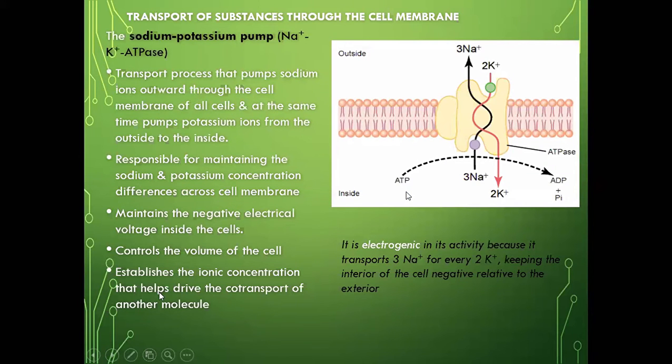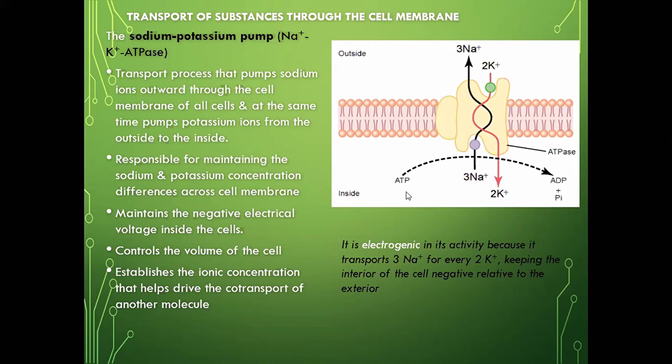The sodium-potassium pump is a primary active transport, okay? It is a transport process that pumps sodium ions outward through the cell membrane of all cells. At the same time, it pumps potassium ions from the outside to the inside.